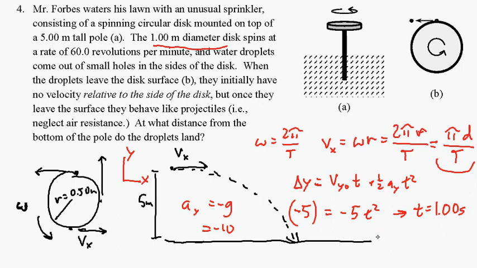And then delta x, which is how far it goes horizontally, is going to be the x velocity times t.